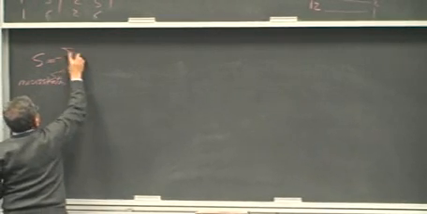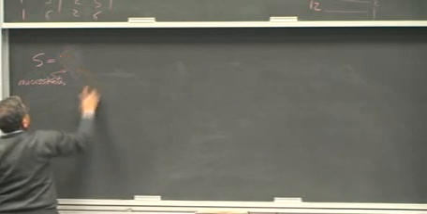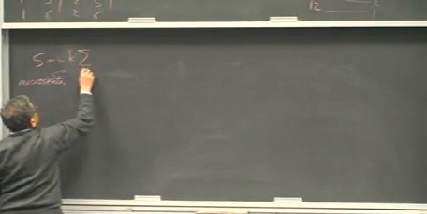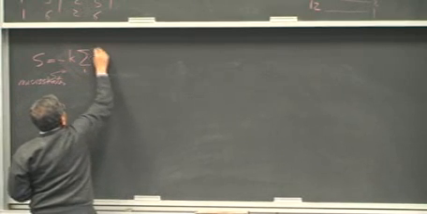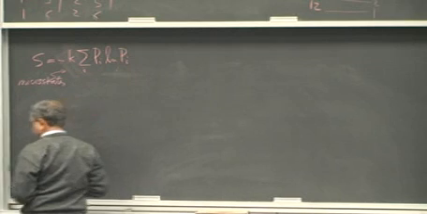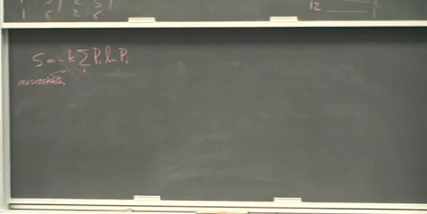Minus k times summation over I, pi log pi, where pi are probabilities of event I. And this is how entropy is defined.